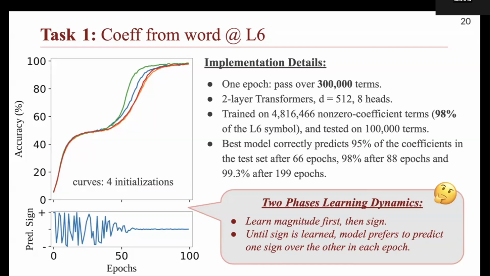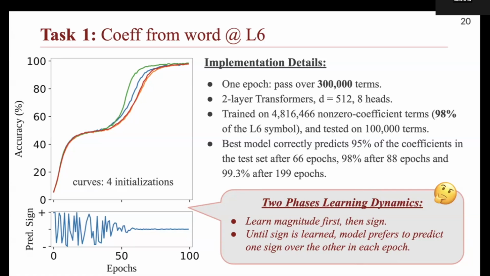The model learns the magnitude of the coefficient first, and then it learns the sign. Before the model learns the sign, it actually prefers to predict one sign over the other in each epoch. That is why you see all this fluctuation in the plot down here.